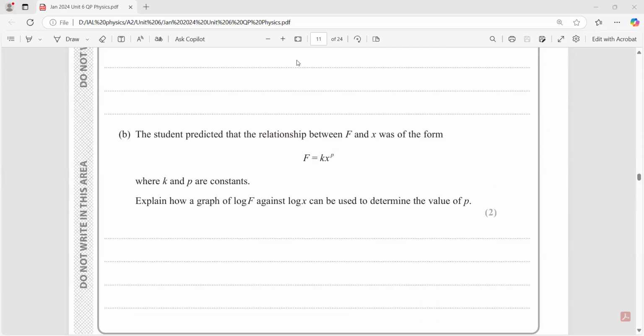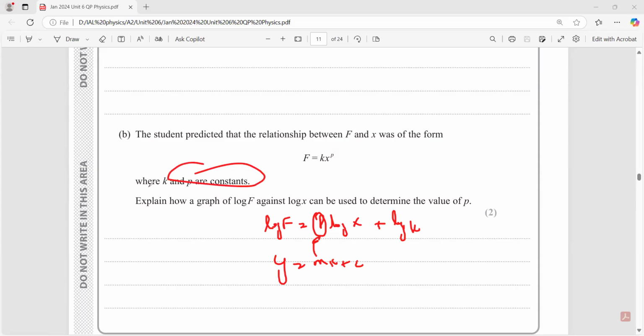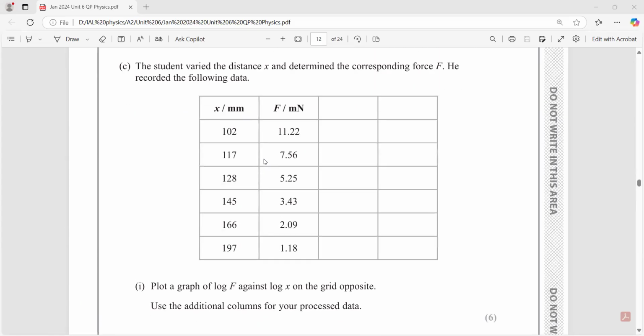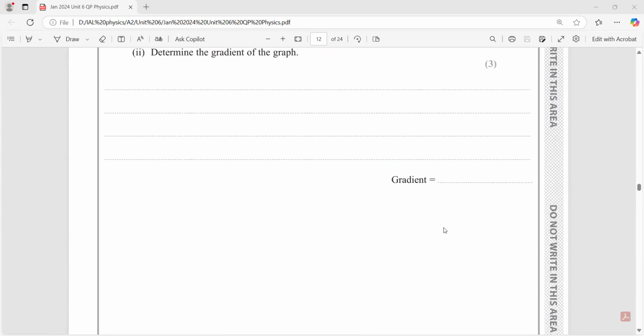When we derived it, we wrote log F equals p log x plus log k. When we compare with y equals mx plus c, the gradient is constant, so it must be a straight line. If it was not constant, it would not be a straight line. Straight line gradients are always constant.